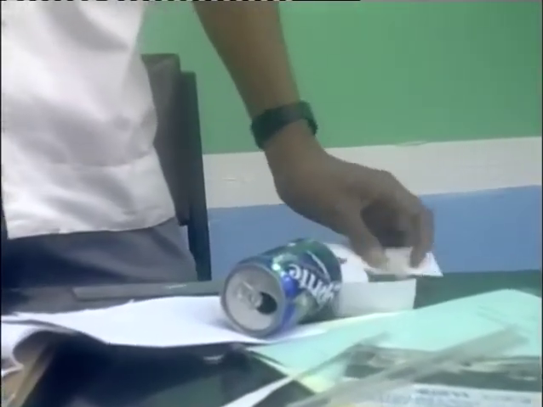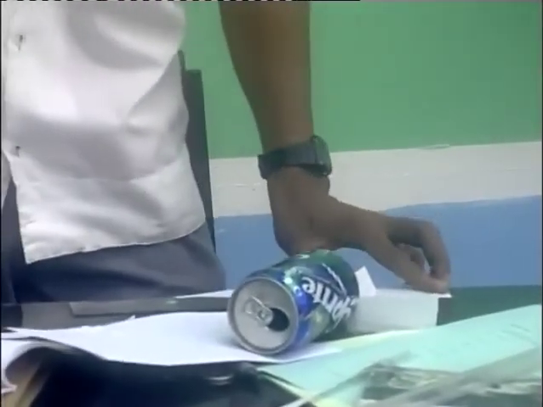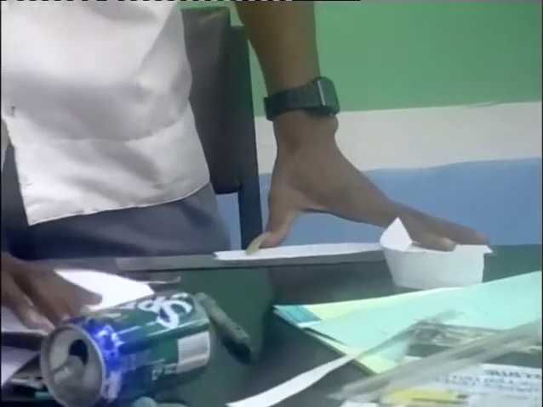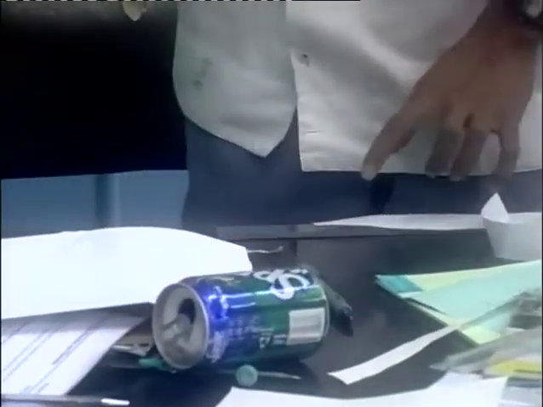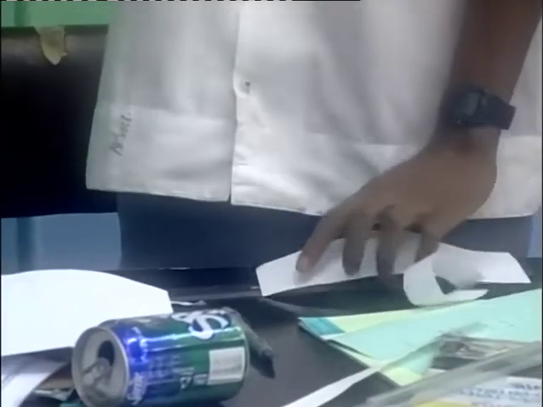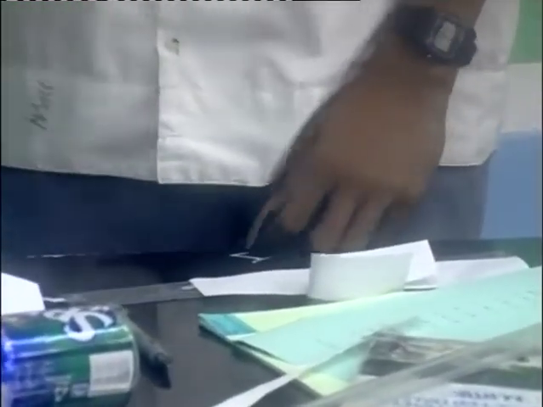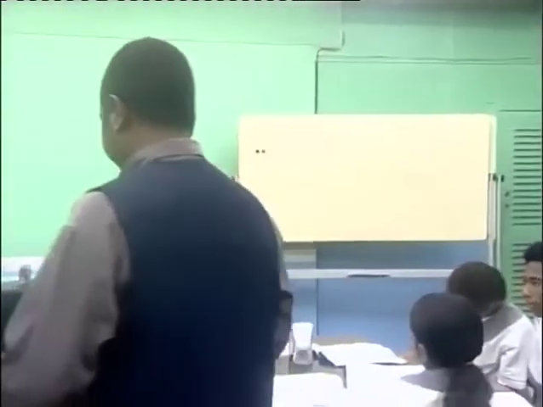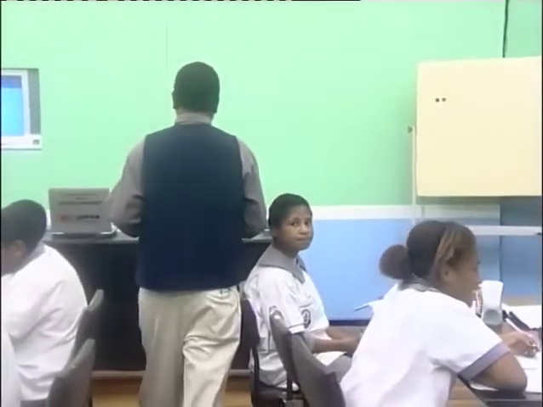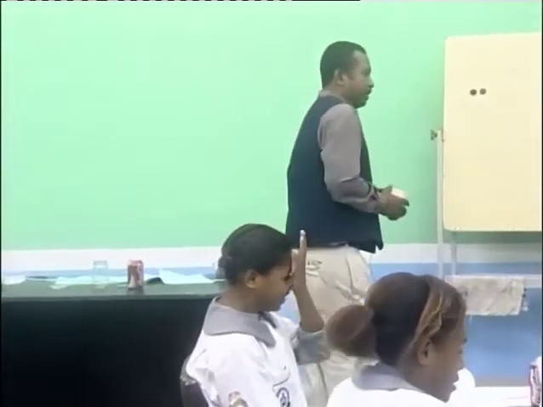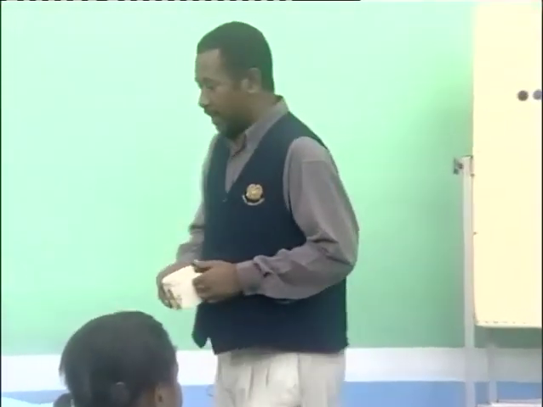Mark it and then measure it. Use the ruler to measure. Measure the mark. The circumference of the can is 21 centimeters. Okay, very good. Let's give him 2 big claps. He has shown us something on how we can measure the circumference of a cylindrical object.